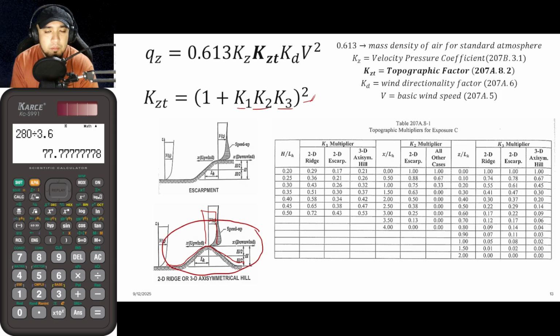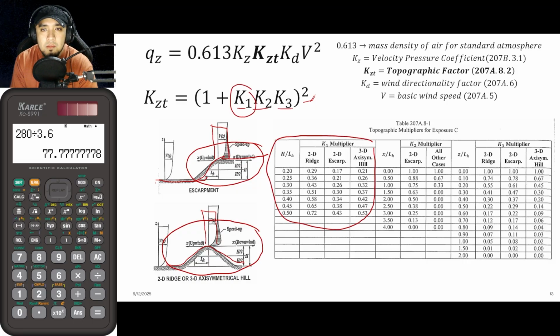And let's say that your building is located on an escarpment, whereas we have here a plain area, then it would go up. Then this is also a plain area. Then from that, guys, if this is your building, this is now the figure that you will be using. Then for the value for K1, use this table. For the value for K2, use this table. And for the value for K3, use this table.